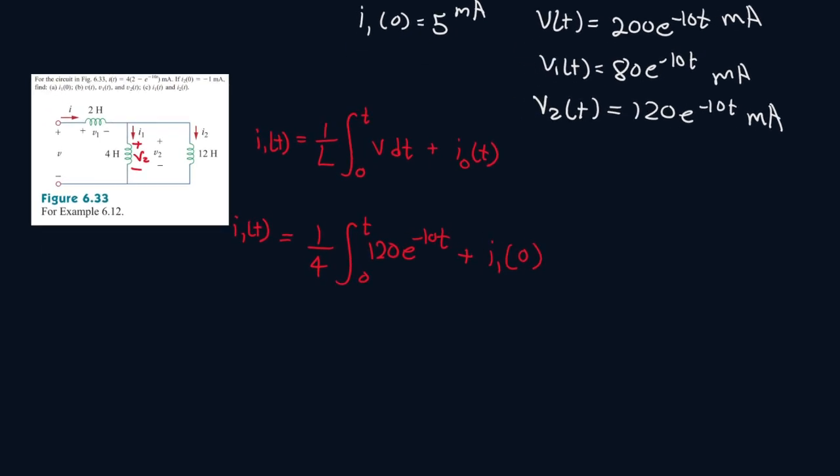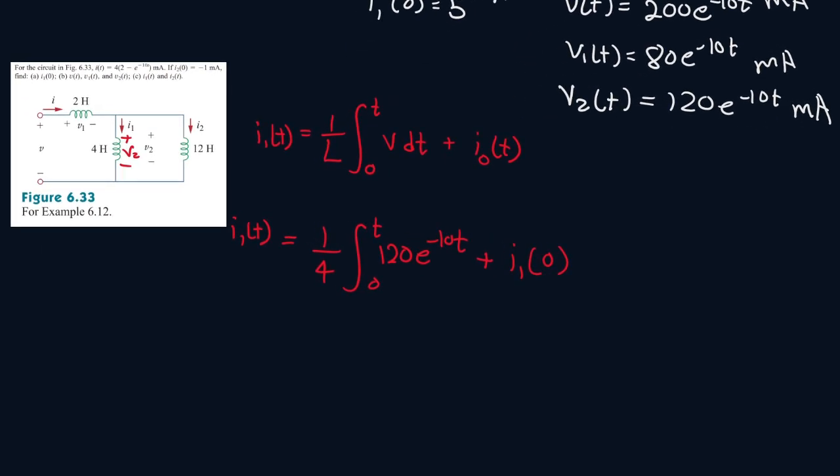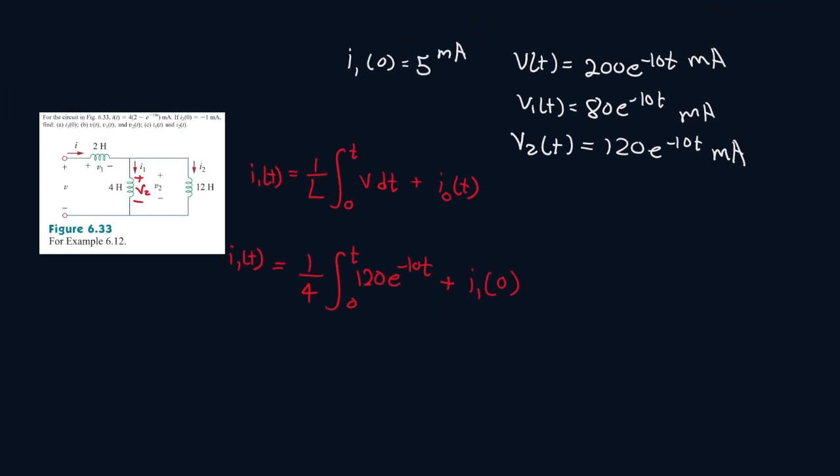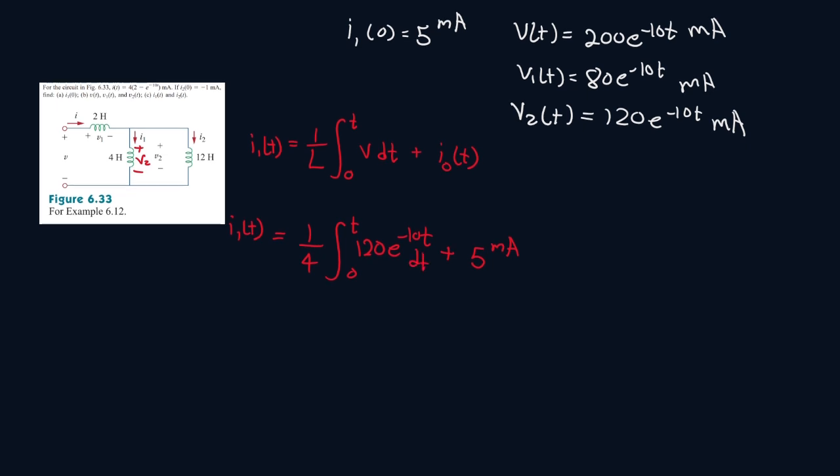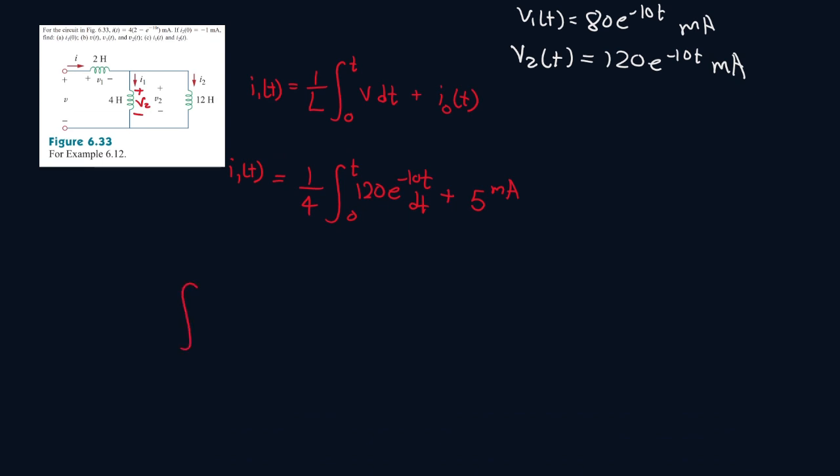Okay. And we actually recall, we figured out what I1 was at the very start. It was 5 milliamps. So we can replace that with 5 milliamps. Alright. Oh yeah, and then put the dt here. Now we just have to find the integral for this. So the integral for this is pretty easy when we solve it separately here.